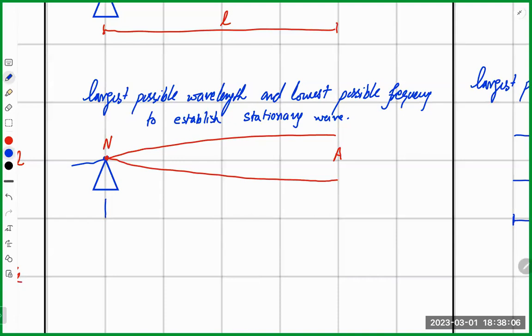Remember, this will be the length L. What do you think? What will length L be equal to? How many wavelengths? It is starting from a node and ending at an antinode.